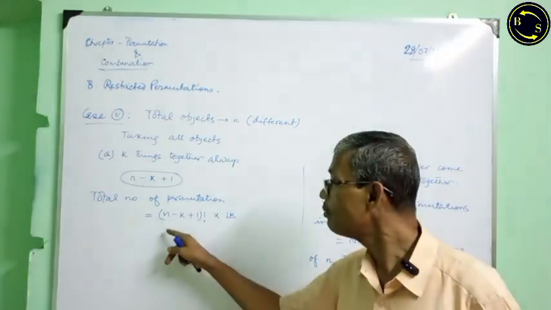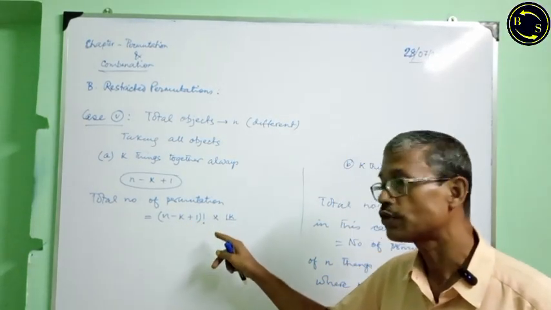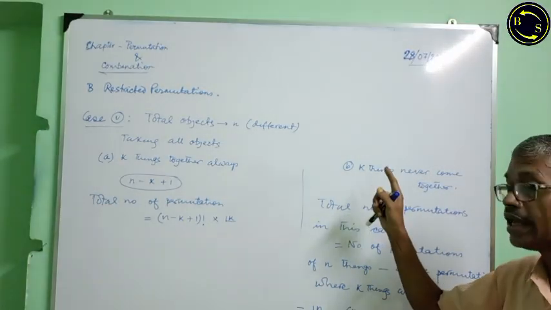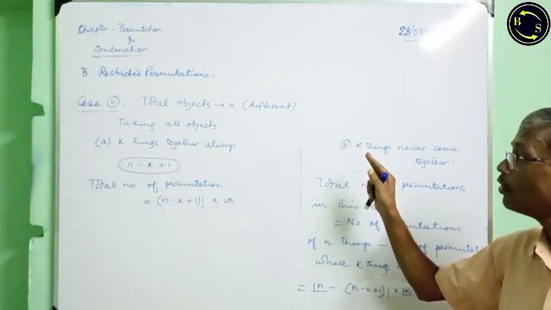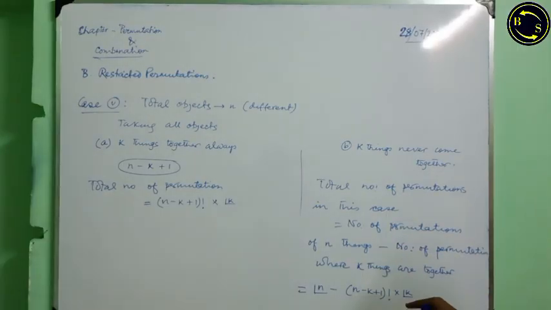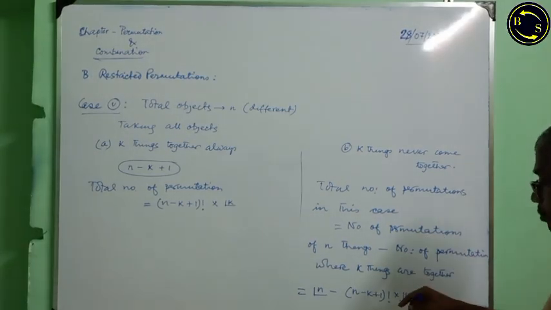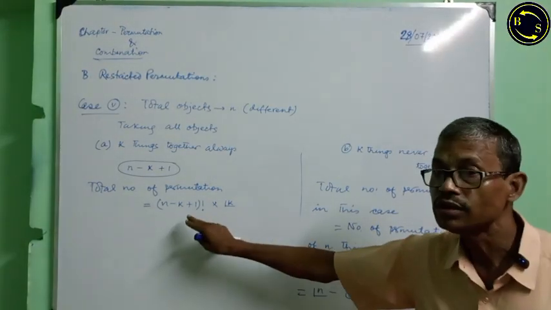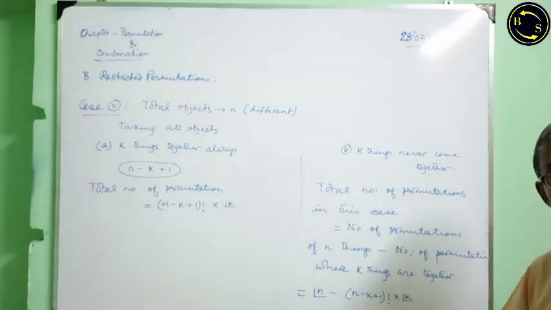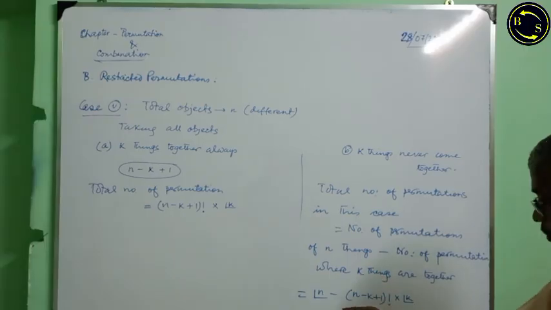Therefore, the required number of permutations will be n minus k plus 1 factorial into k factorial. And here, k things will not always be together. That is why in this case, the total number of permutations will be obtained by subtracting this one from the total number of permutations of n different things without any restriction.